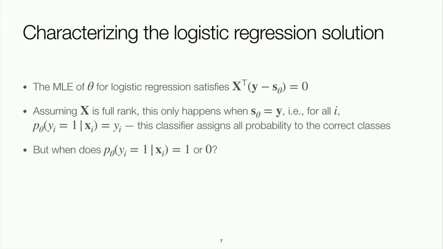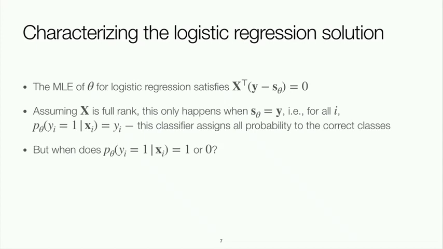Did I give away this answer a little bit? When does the predicted probability from this model equal 1 or 0? Think about what the model is, and think about the sigmoid function.